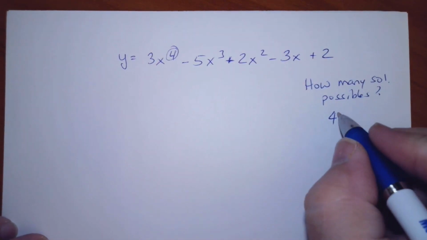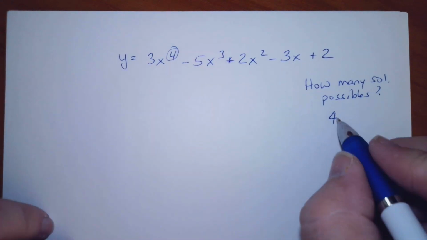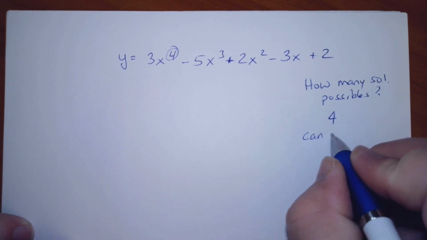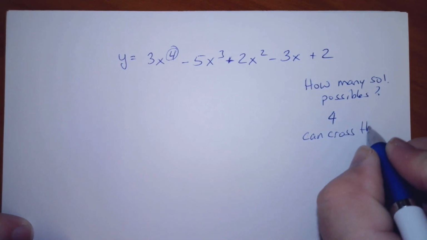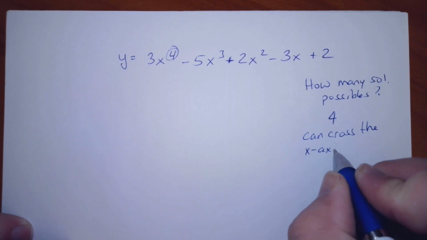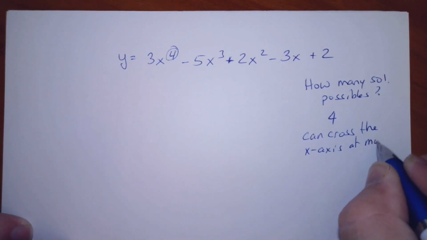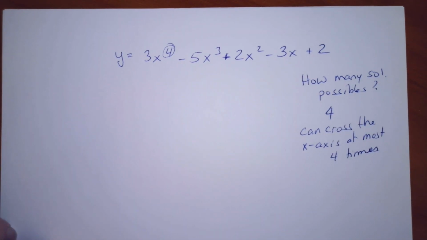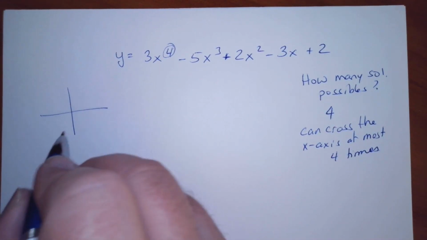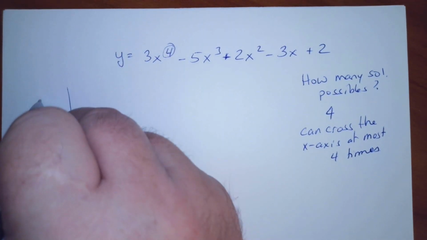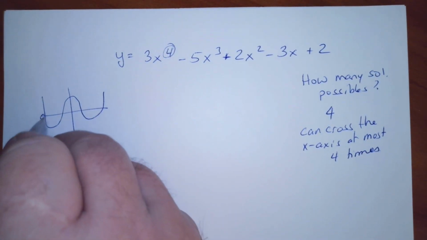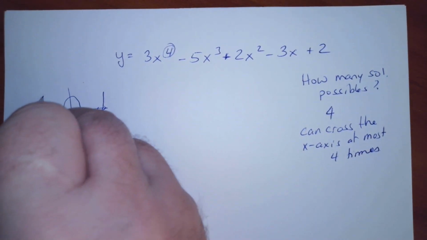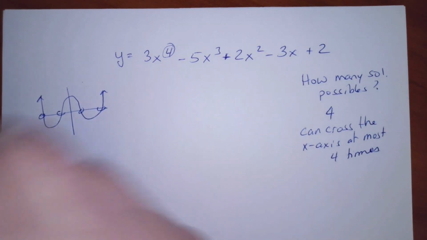That means the graph of this equation can cross the x-axis at most 4 times. Since it's the 4th degree, 1, 2, 3, 4, both ends have to point in the same direction, either up or down.